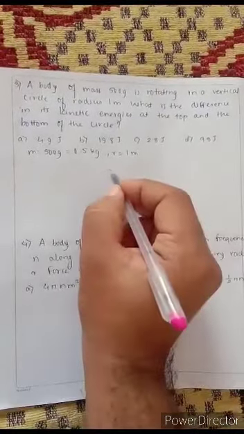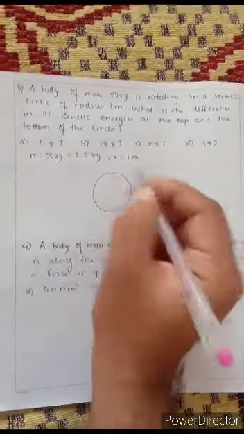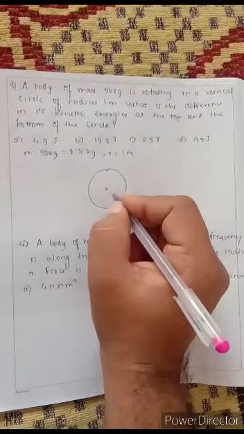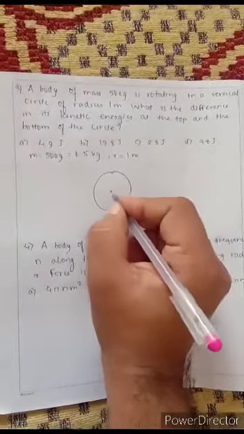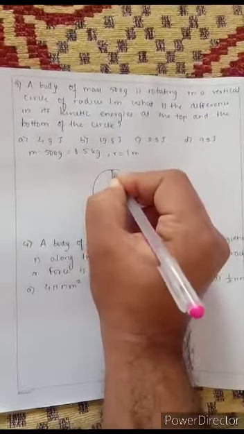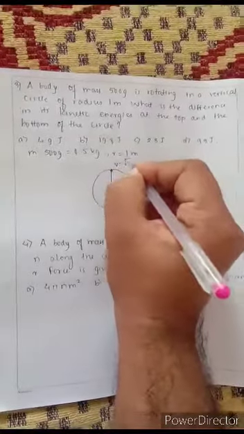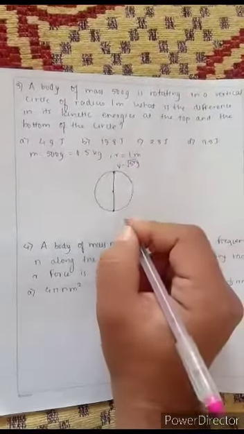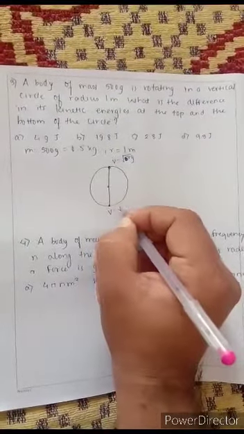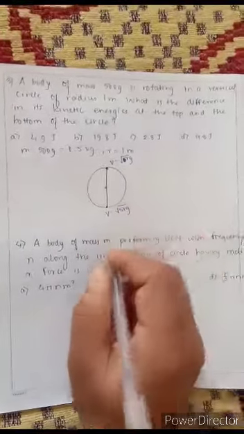Now see, it is performing vertical circular motion, and from the theory which we have discussed in our last video, at top position the minimum velocity is root rg, and at bottom position minimum velocity is root 5 rg, right?